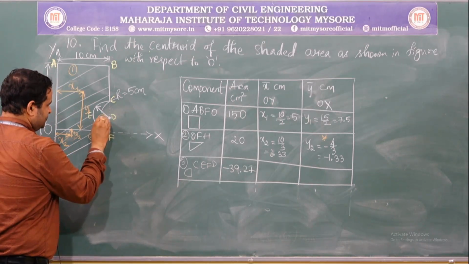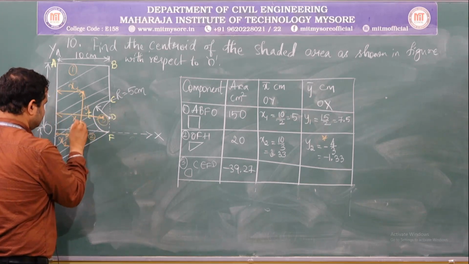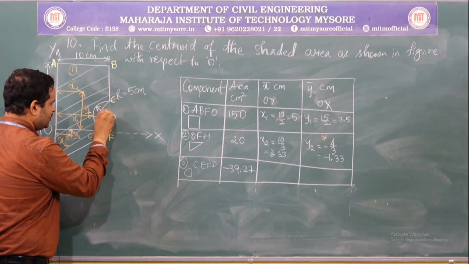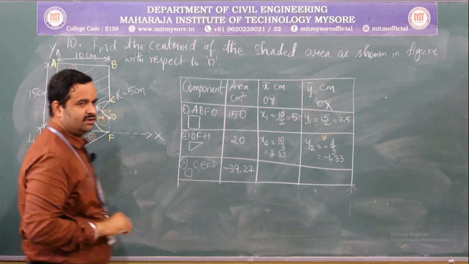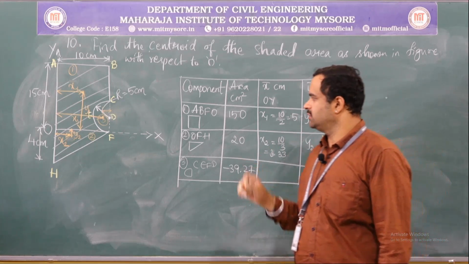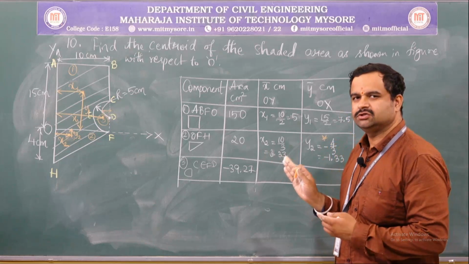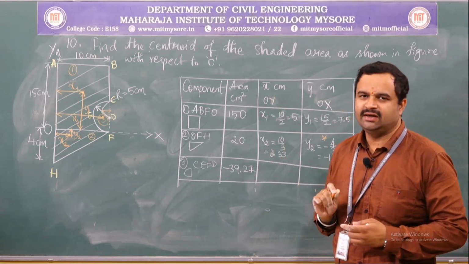So, the centroid lies somewhere here. This is the value of x3, but you try to calculate it from the other end, that is 4r by 3 pi. So, what you need to do is total width 10 centimeter minus 4r by 3 pi in order to locate x3.